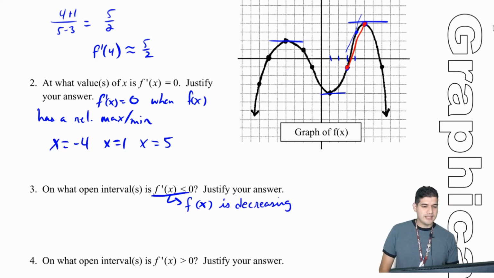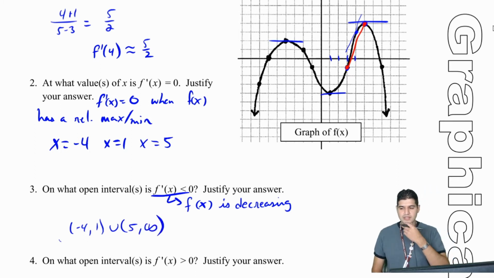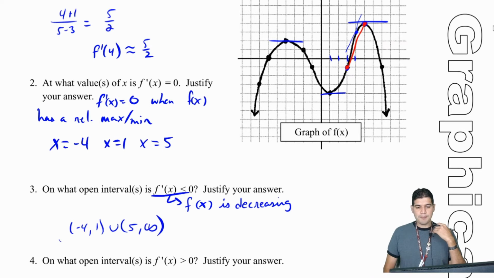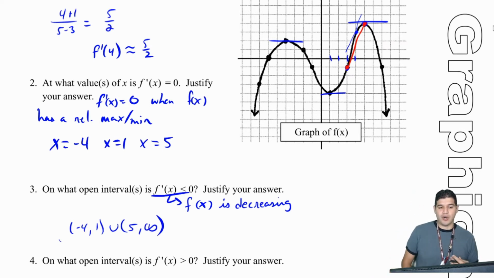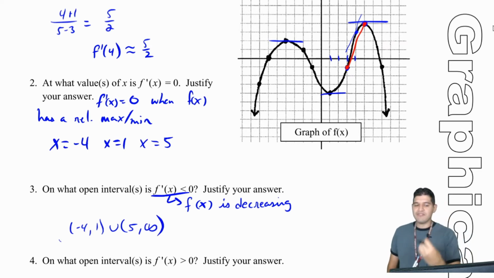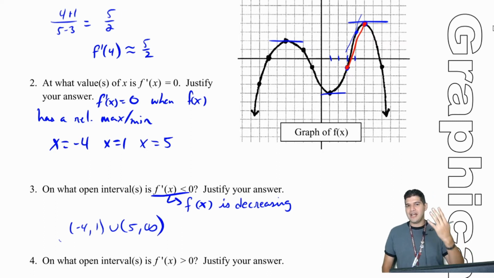Well, it's decreasing in between -4 and 1. And it's also decreasing between 5 and infinity. So those are going to be where f prime is less than 0. And notice how we're getting information about the derivative, but all we have is the graph of f.